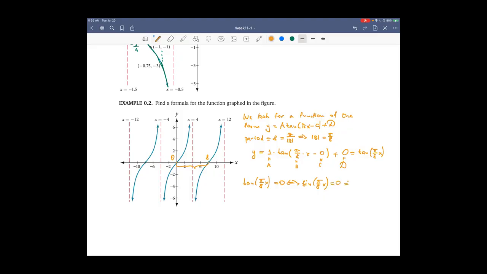And sine is 0, if you recall the unit circle, at 2 points on the unit circle, both of which could be collectively described as pi times an integer.